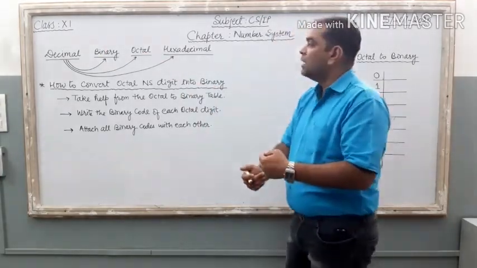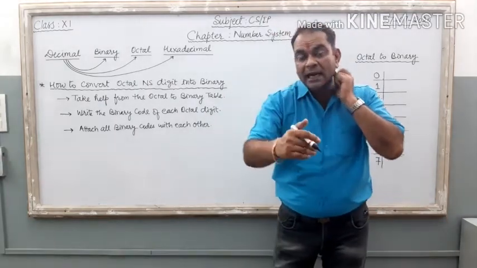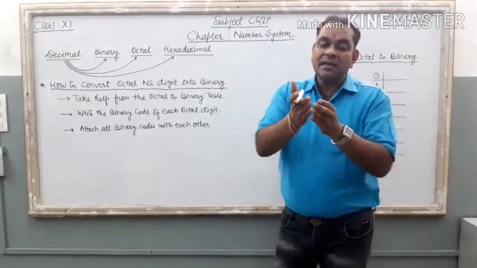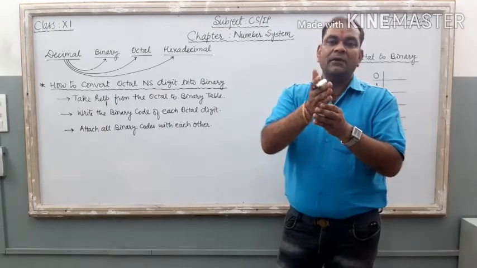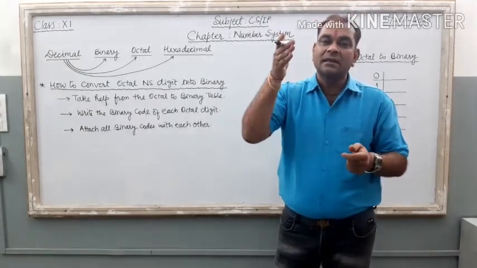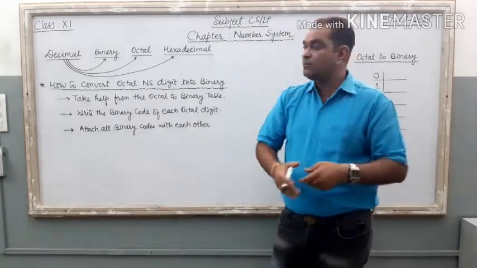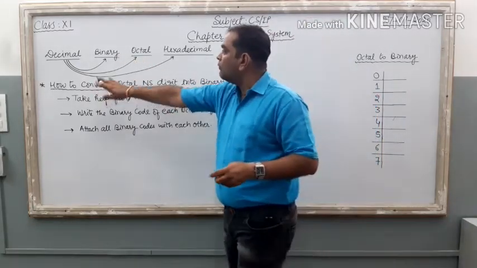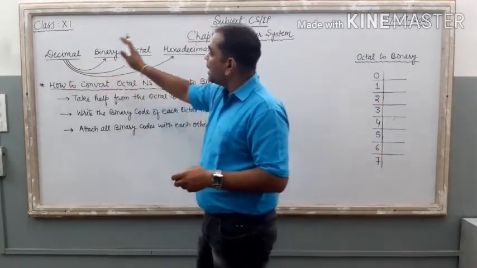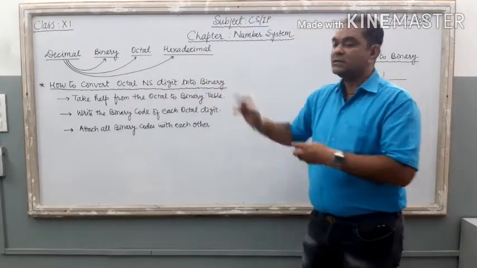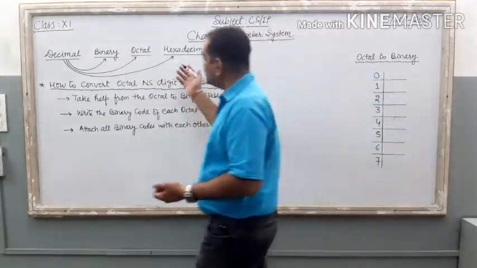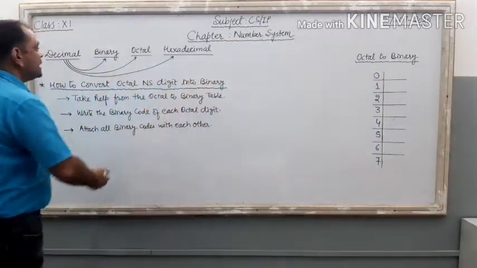If you want to convert a decimal number into binary, we just divide that decimal value by 2, the base value of the binary number. Clear?